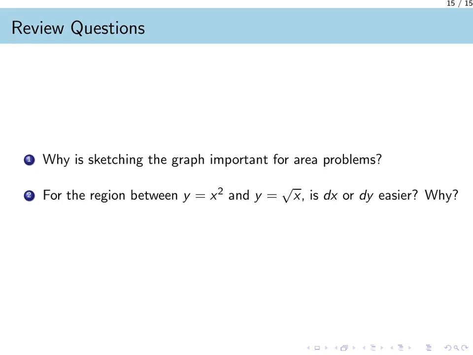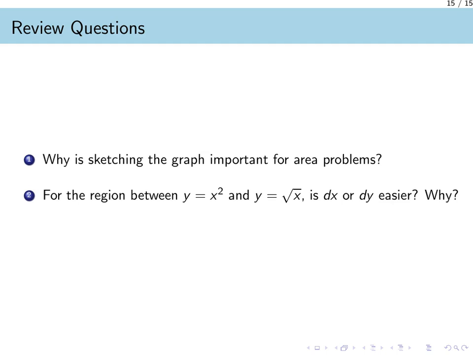Let us consider whether it is easier to integrate with respect to x or y for the area between y equals x squared and y equals the square root of x. For this particular region, both methods are equally straightforward, and the choice is a matter of preference. If we integrate with respect to x, we use vertical rectangles.